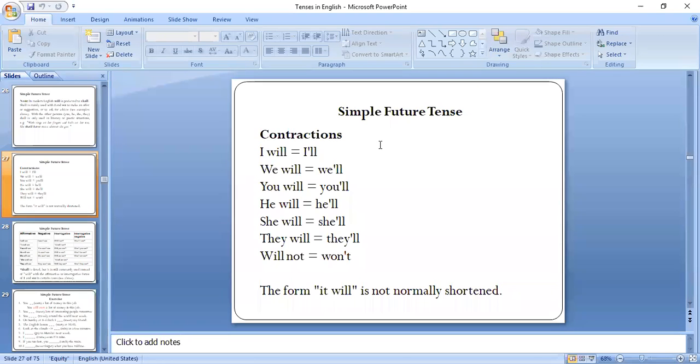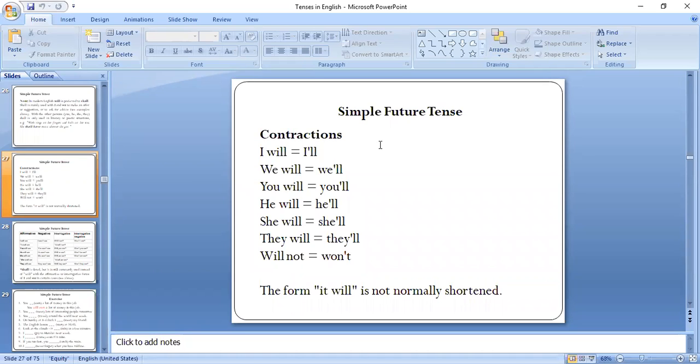Okay, I will. In the speaking language or for the speaking purpose, we will contract it as I'll. Also, we have to pronounce this I will as I'll.